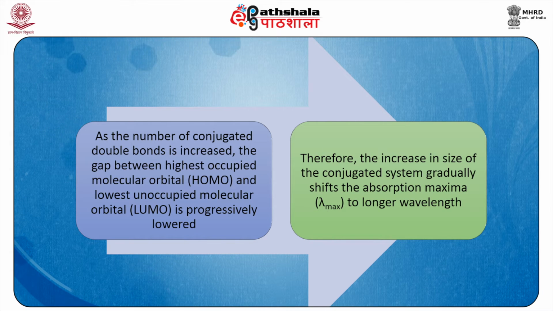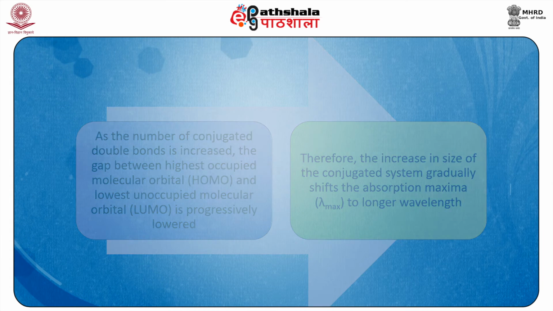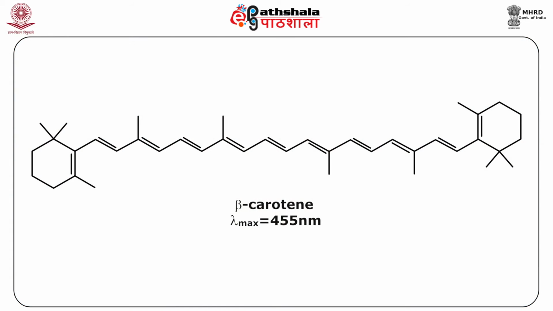Therefore, the increase in size of the conjugated system gradually shifts the absorption maxima to longer wavelengths or lower energies. Now, if a compound has enough conjugated double bonds, it will absorb visible light and the compound will appear colored to our eyes.